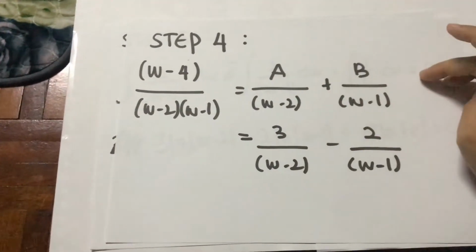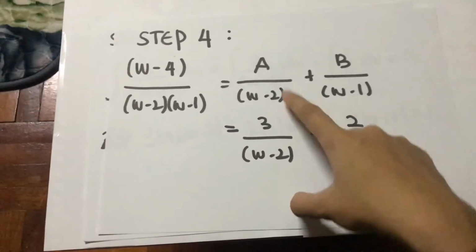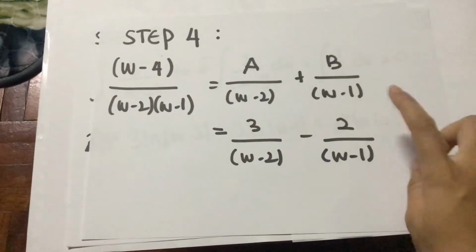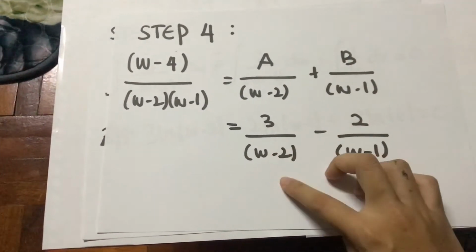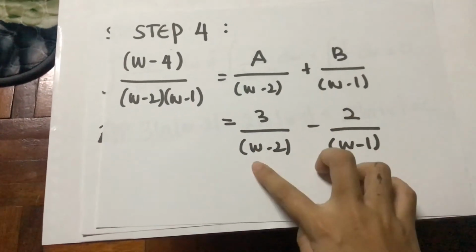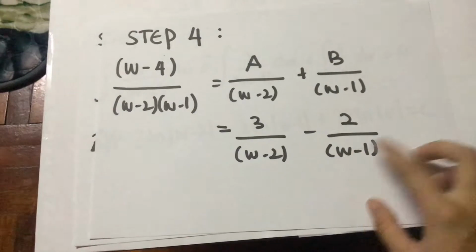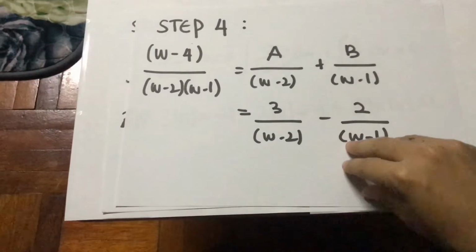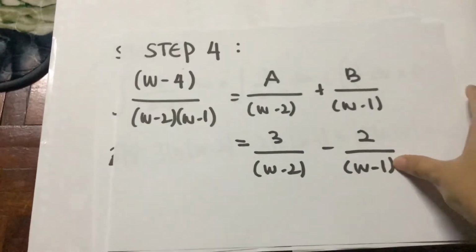After we do the partial fractions, we find that A equals 3 and B equals negative 2. So we substitute A and B and get 3 over w minus 2 minus 2 over w minus 1. From this, we can integrate it easily.